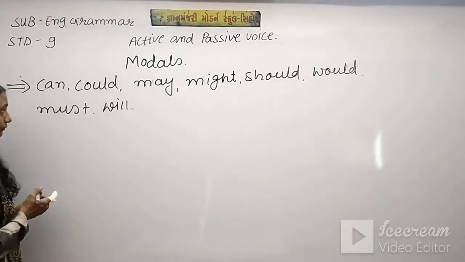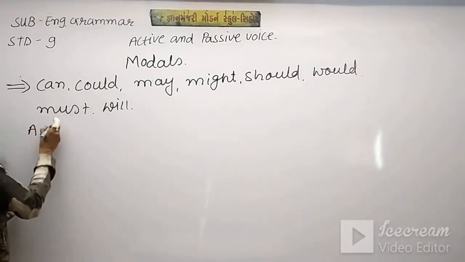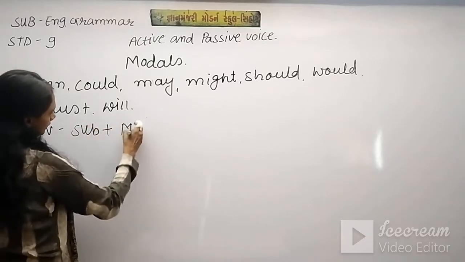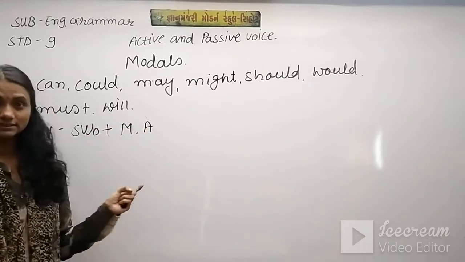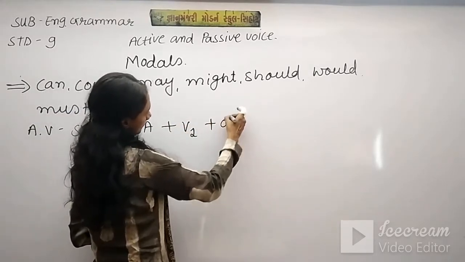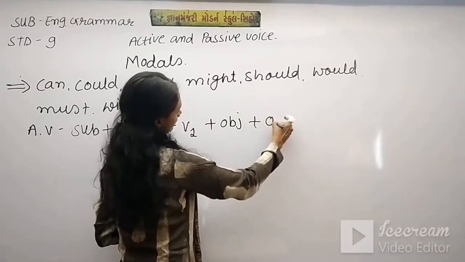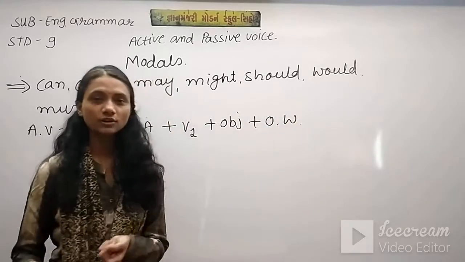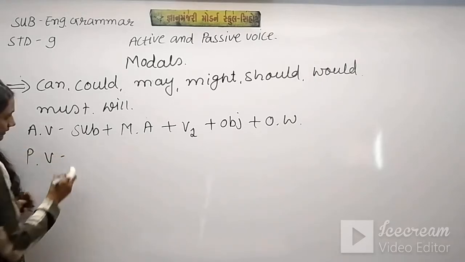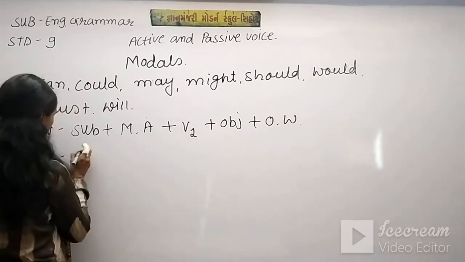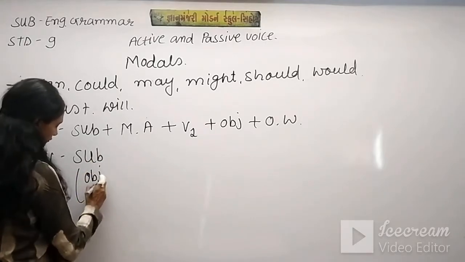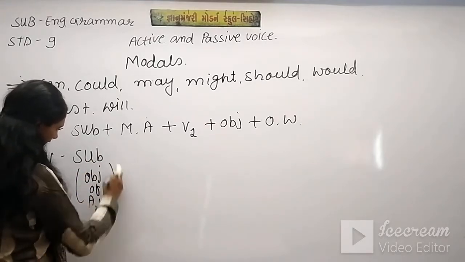So in active voice we have, suppose, subject plus MA, which means modal auxiliary, plus V1, object, and OW. OW means other words. Now we'll turn this sentence into passive voice. So this object will come here and become the subject, the object of the active voice.